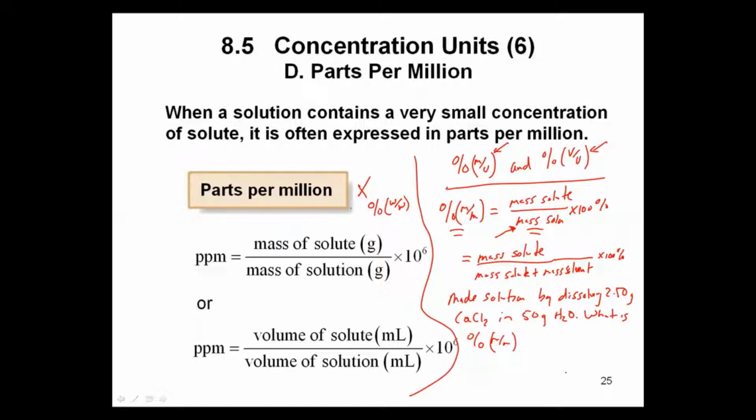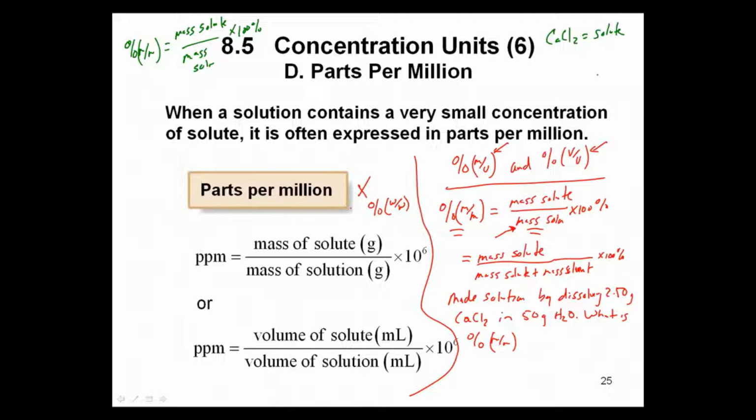Okay, so if we're going to calculate the percent mass to mass, again, percent mass to mass is going to be the mass of the solute divided by the mass of the solution times 100%. If we make this solution by dissolving 2.5 grams of calcium chloride in 50 grams of water, in this particular problem our calcium chloride is our solute, and our water is our solvent.